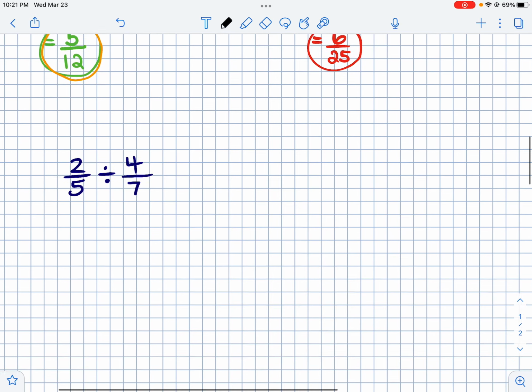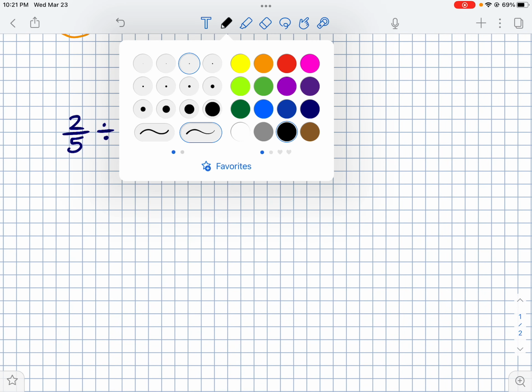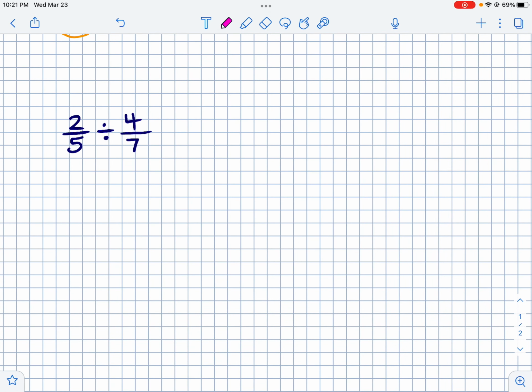And when we divide fractions, which actually won't be that often, we change our division sign to a multiplication, and we multiply by the reciprocal. So we multiply by 7 over 4. We flip that second fraction around.